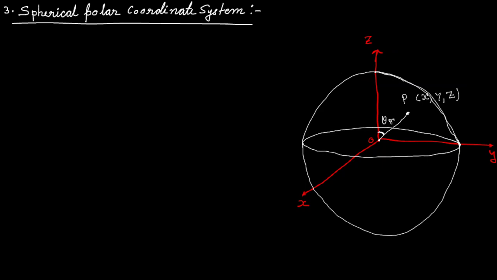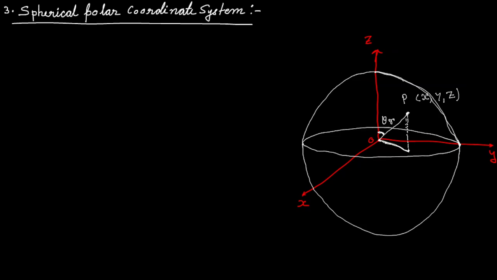Third, since this point P is actually in space, this r also lies in space. So now this r we can take a projection of on the xy plane as well as on the z-axis. If we take the projection of this r on the xy plane, let's say this is the projection length on the xy plane.